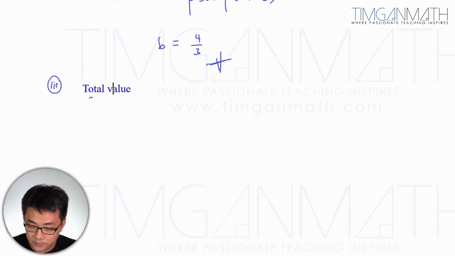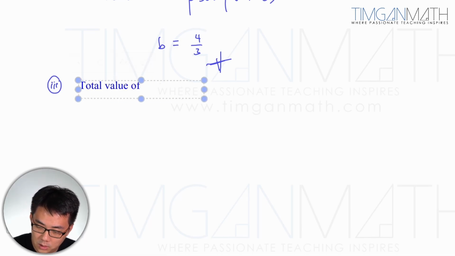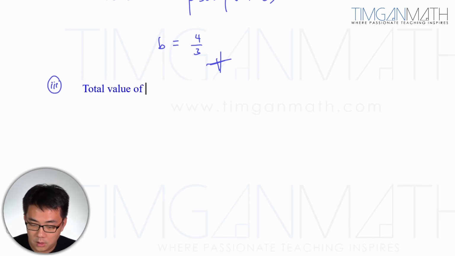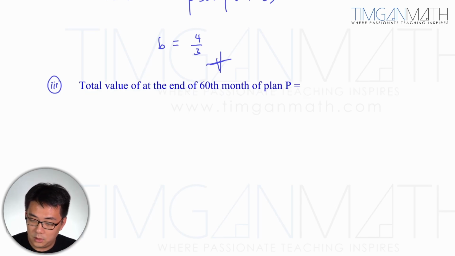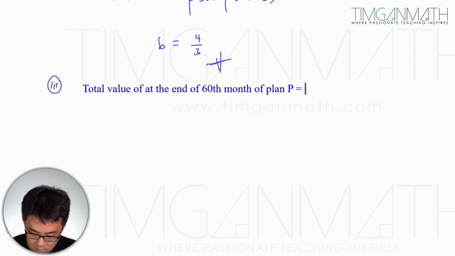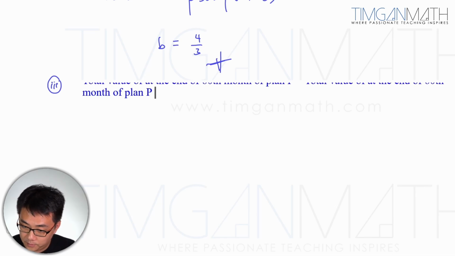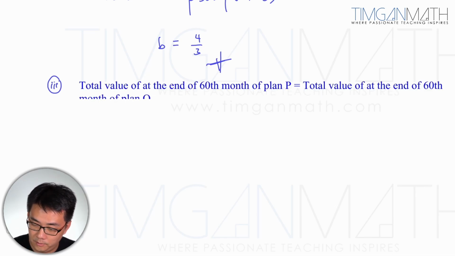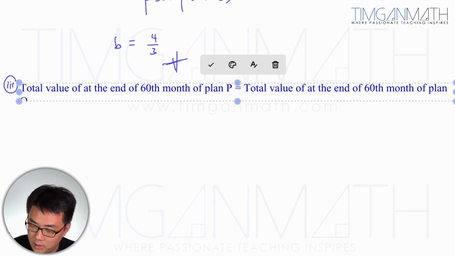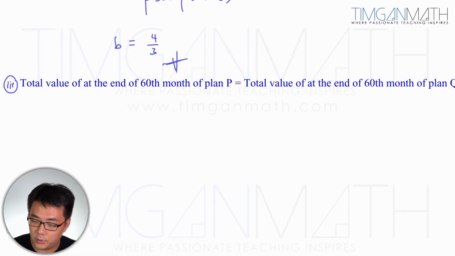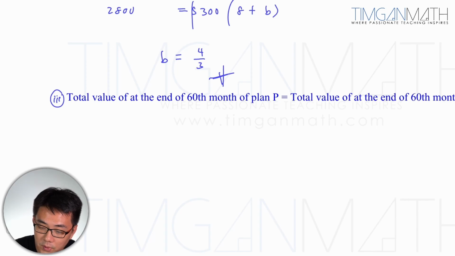Total value at the end of the 60th month of plan P is equal to the total value of plan Q. This is what we're going to compute, right? That's pretty okay. With A equal to 1 now.